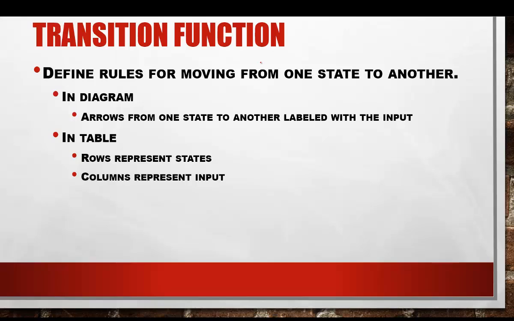So the delta is really at the heart of what's going on with our finite automata, and this is our transition function. So it determines the rules for moving in our finite machines.